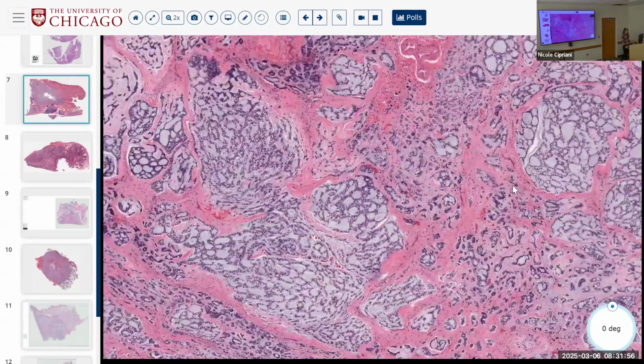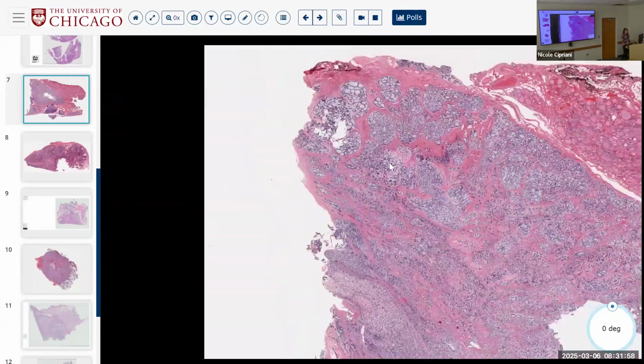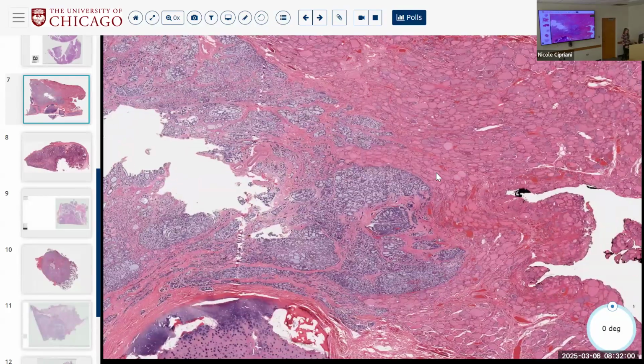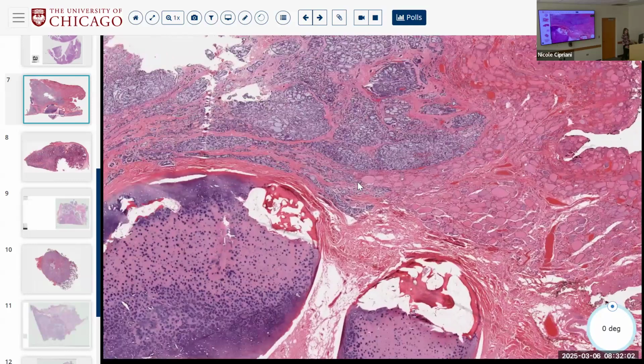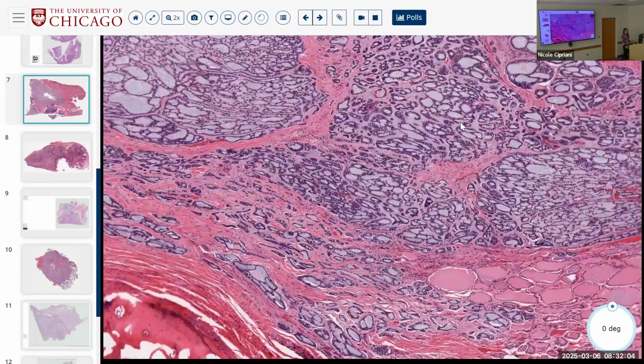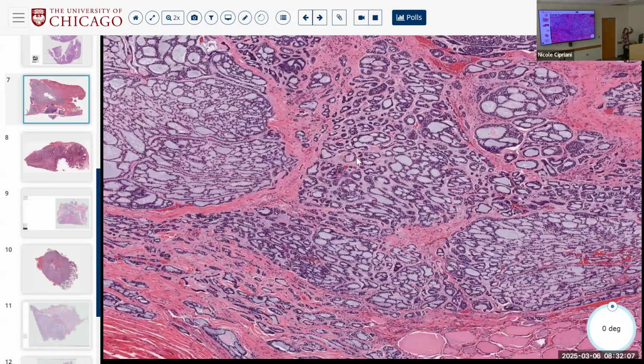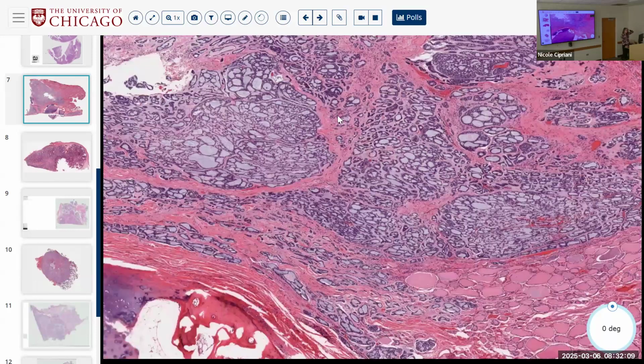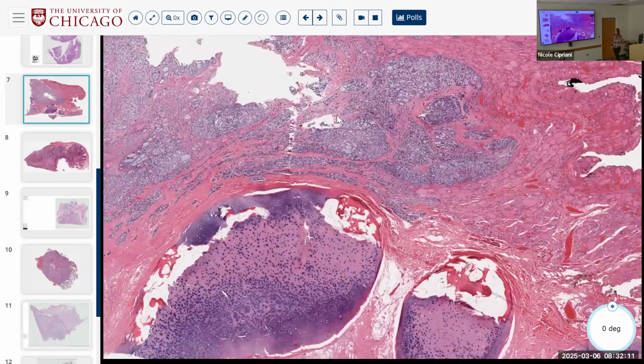Cribriform, exactly. So when you see cribriform morphology and highly infiltrative, your diagnosis is essentially what? Adenoid cystic, exactly. I think I gave you one of these on the pathology exam, so you just saw it.